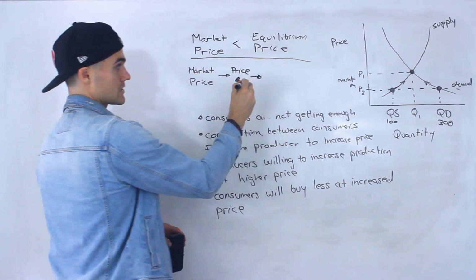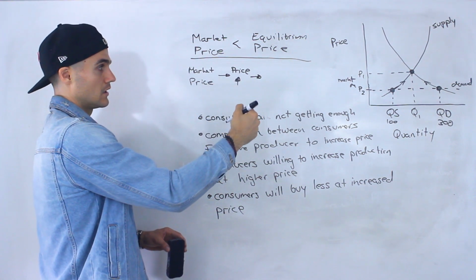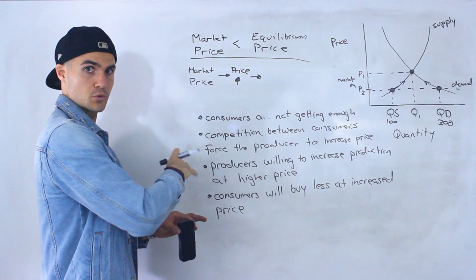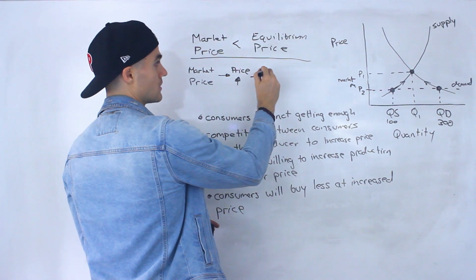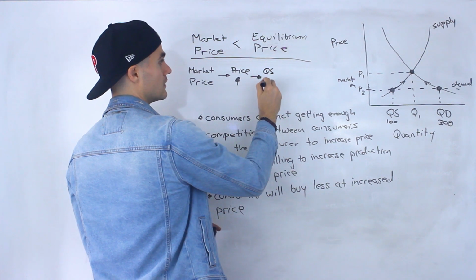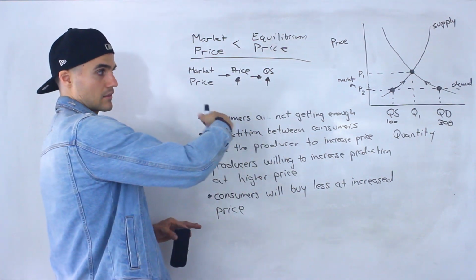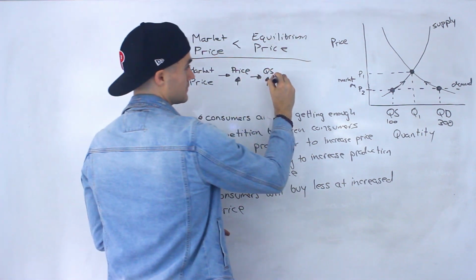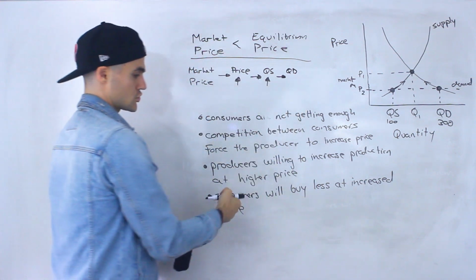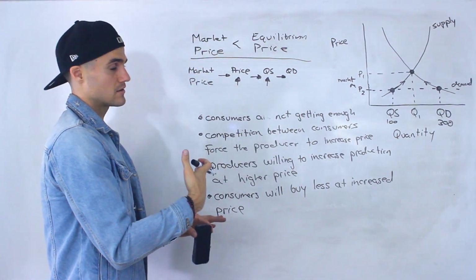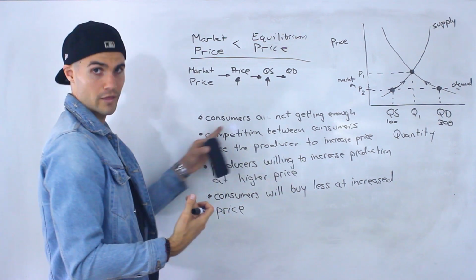At that price increase, the producer is selling the product at a higher price in the market. Well, now they're willing to produce more, right? They're going to be compensated for those extra costs. So now the quantity supplied is going to increase. But at some point, the price is increasing, consumers are going to buy less. At some point, they're not going to have as much of a demand with that price increase.